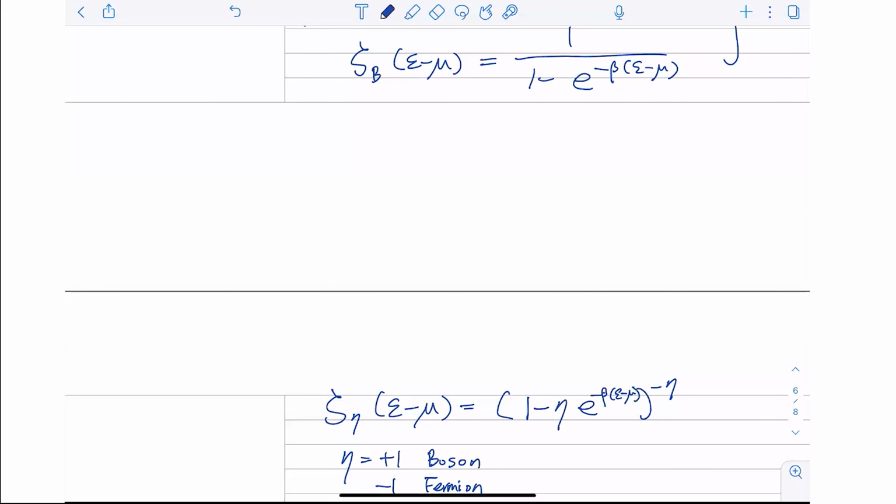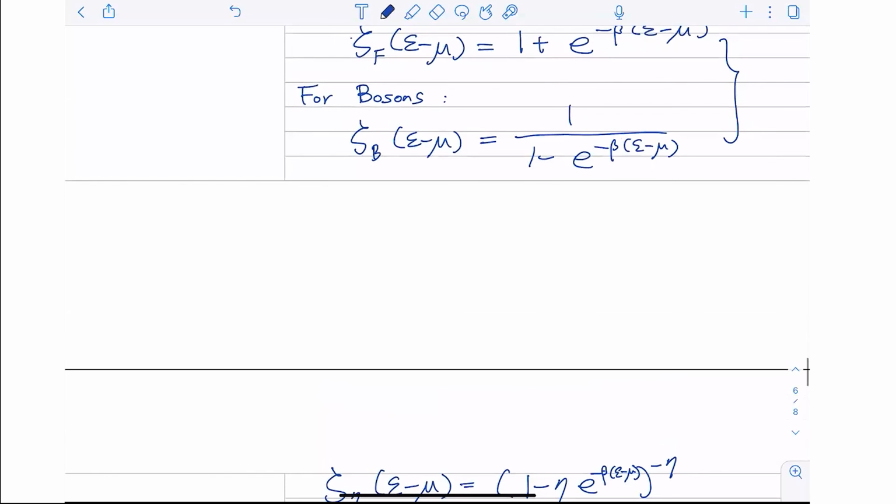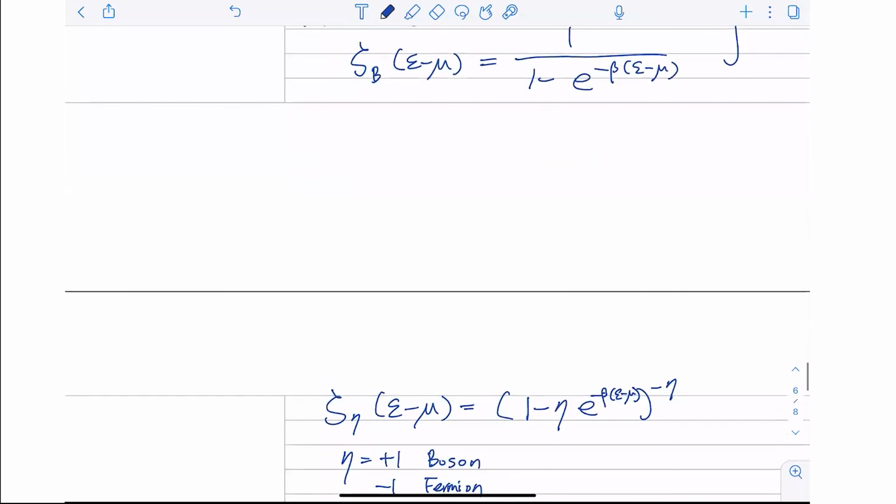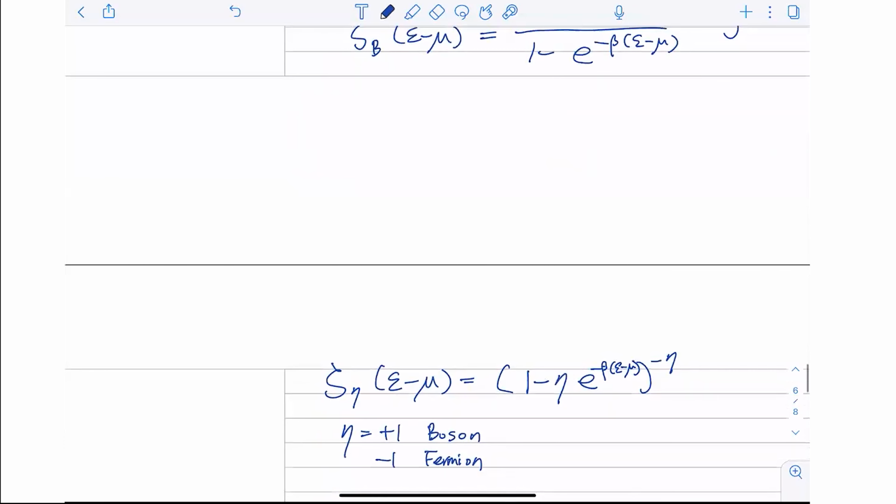So that's basically the general expression for the partition function.